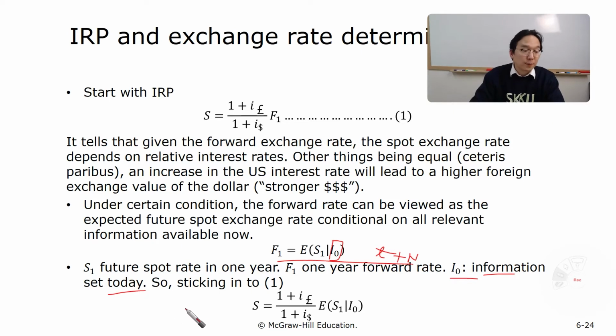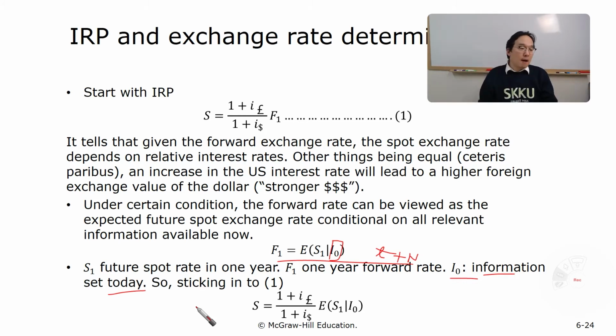This is day 0. Nothing complicated about I0. If you try to be mathematical and complicate all this even more, you can screw up even more, but no need for doing that. What I'm trying to say is, given those information, what you expect as a spot rate 1 year from now is nothing but the forward rate.